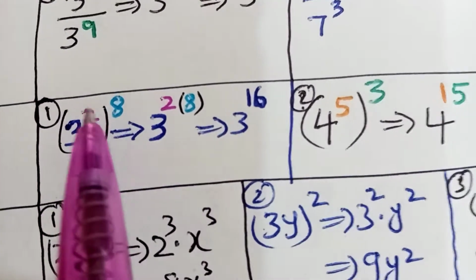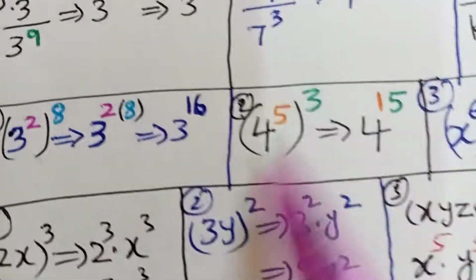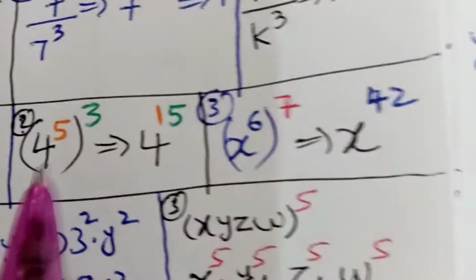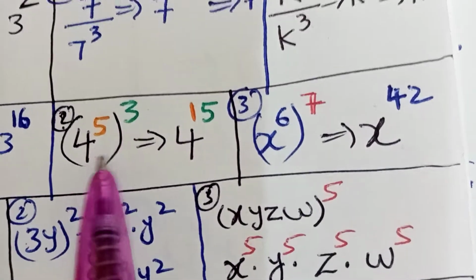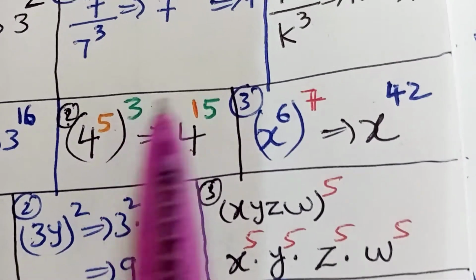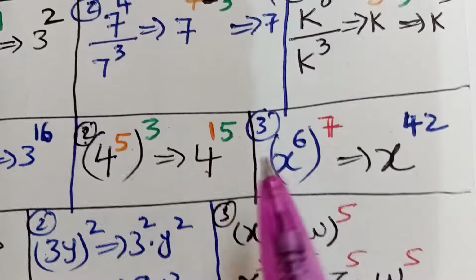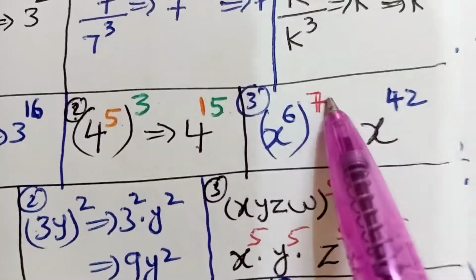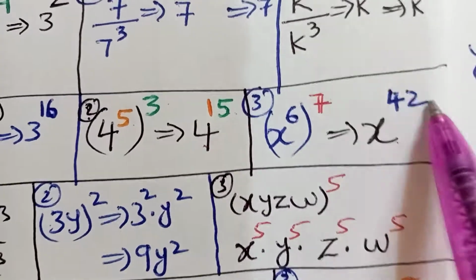So 3 as it is, 2 into 8, 2 8s are 16. Next, 4 power of 5 whole power of 3. So 4 as it is, 5 3s are 15. Next, x power of 6 whole power of 7. x as it is, 6 into 7, 42.